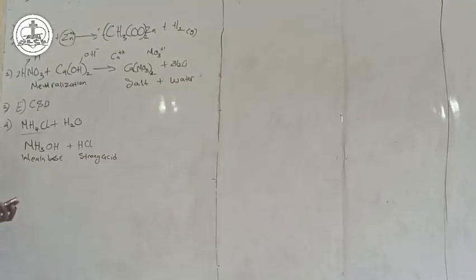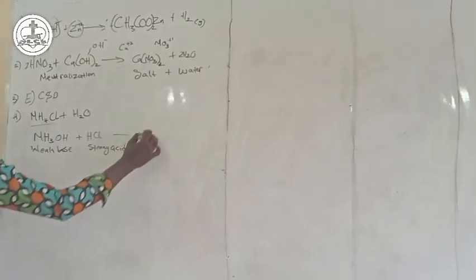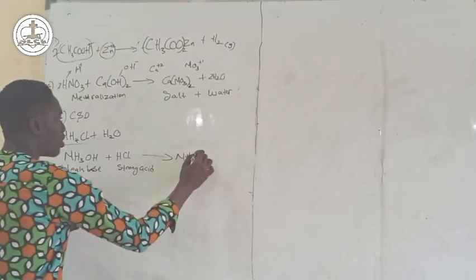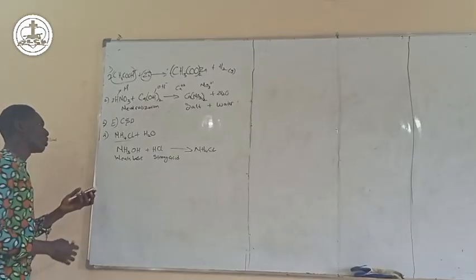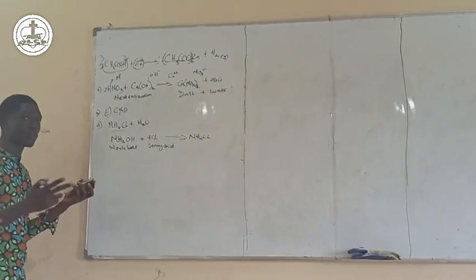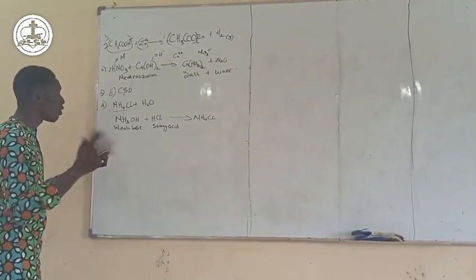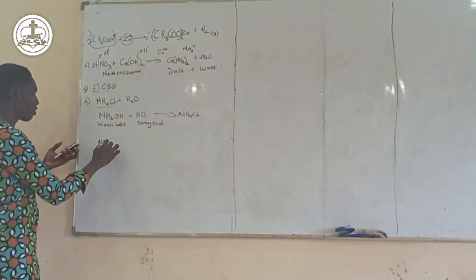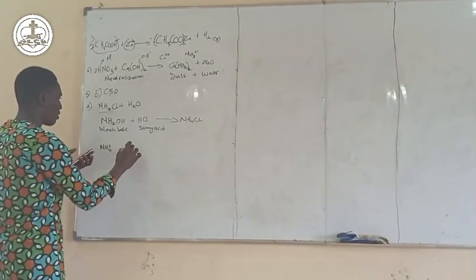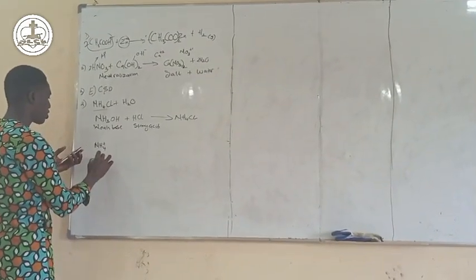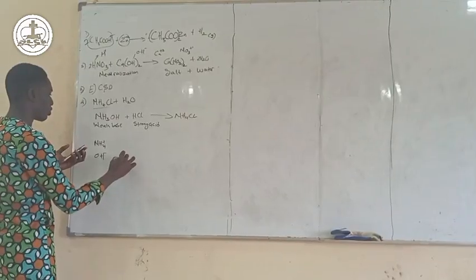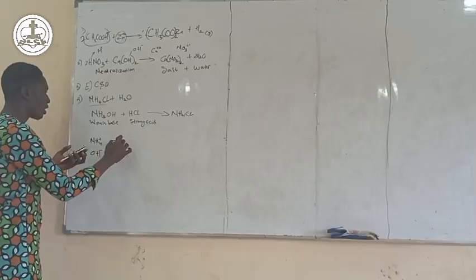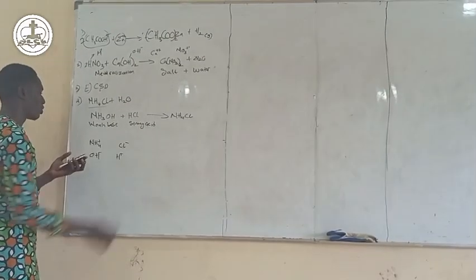So this is a salt of a weak base and a strong acid. When it is dissolved in water, we have four types of ions: NH4 plus, OH minus, and H plus, from the water molecules that split because it's dissolving in water, and Cl minus.